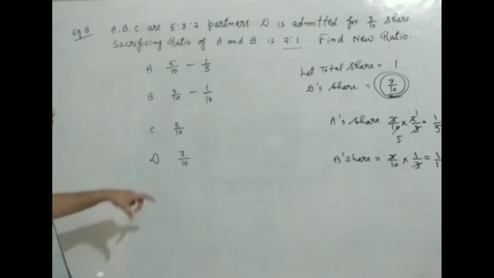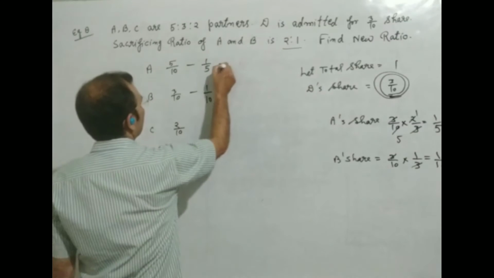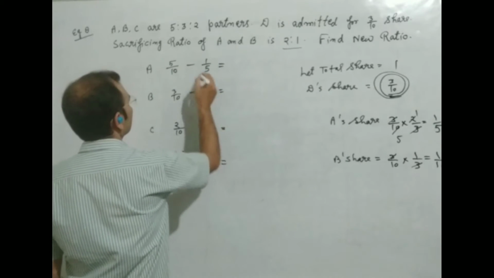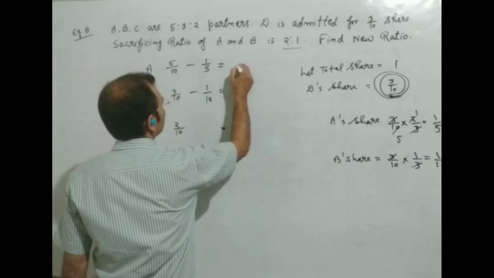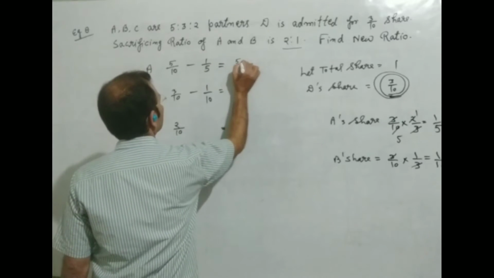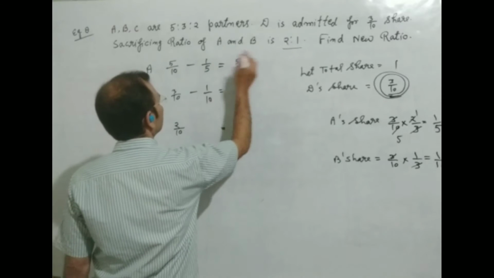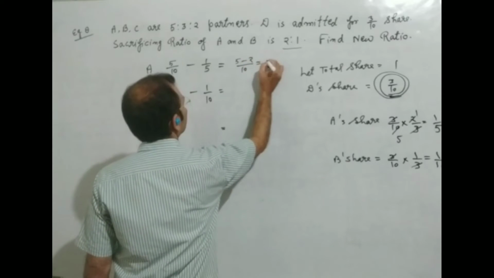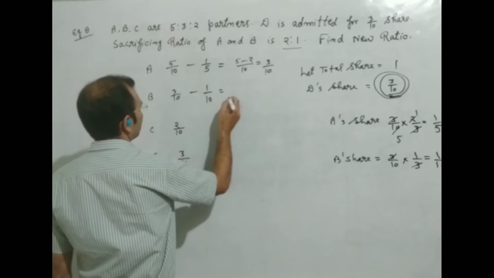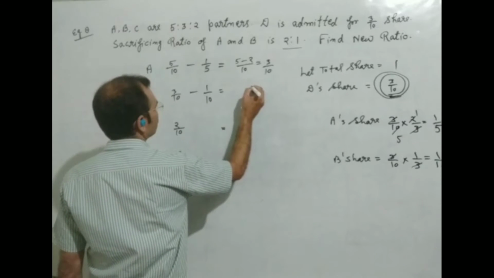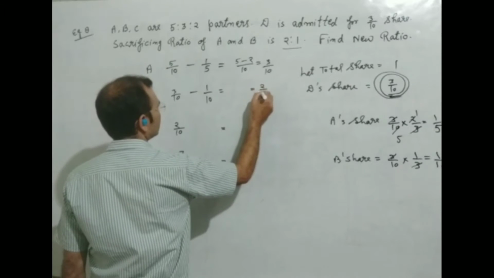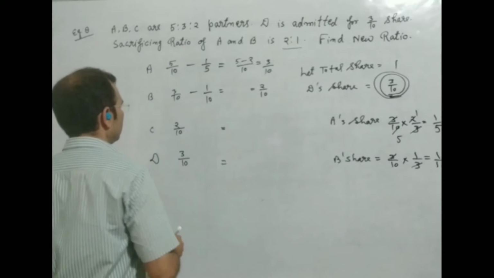Now we will solve the question. We will take the LCM. 3/10 will come here. The denominators are the same, so we can write directly 3 minus 1 is equal to 2/10.